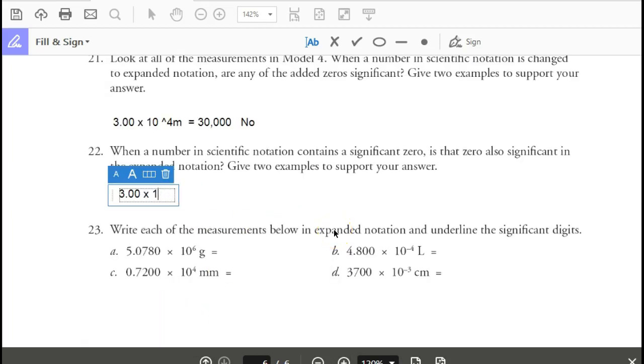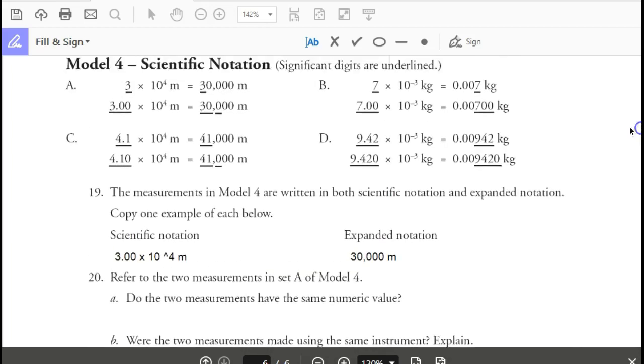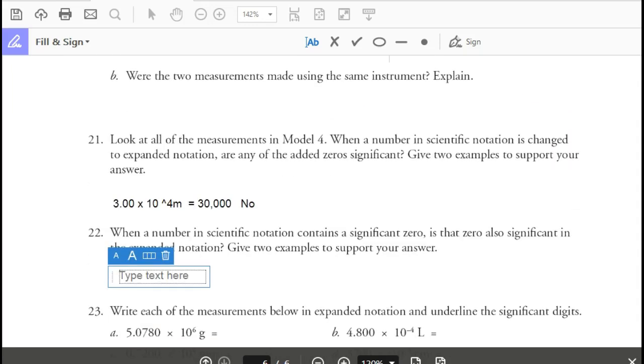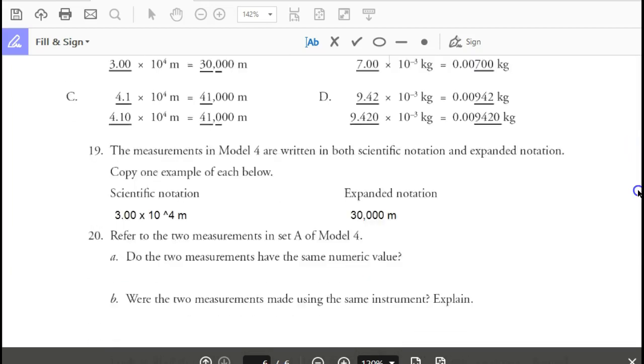I'm going to use a different example for number 22. Number 22, when a number in scientific notation contains a significant zero, is that zero also significant in expanded notation? Give examples to support your answer. So let's look at this one, 7.00 times 10 to the negative 3. I forgot what the units are. kg.